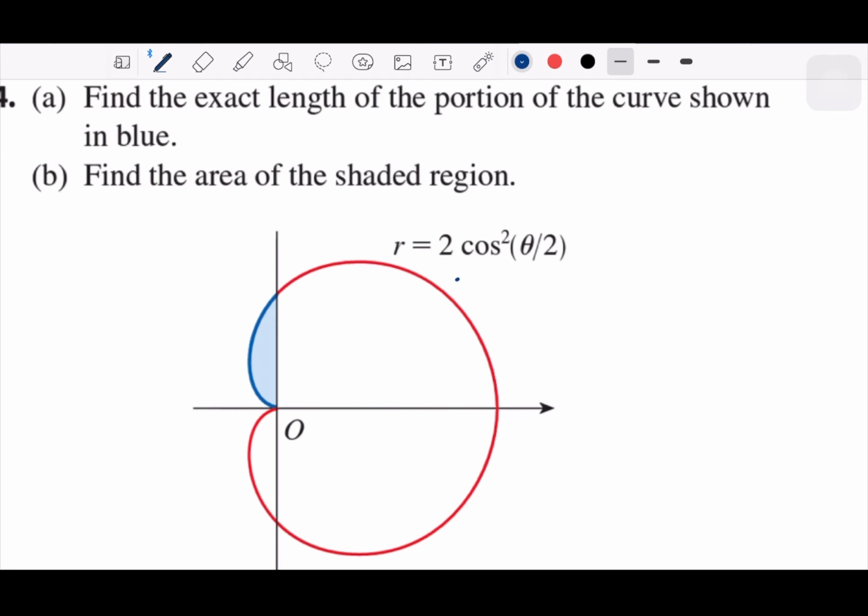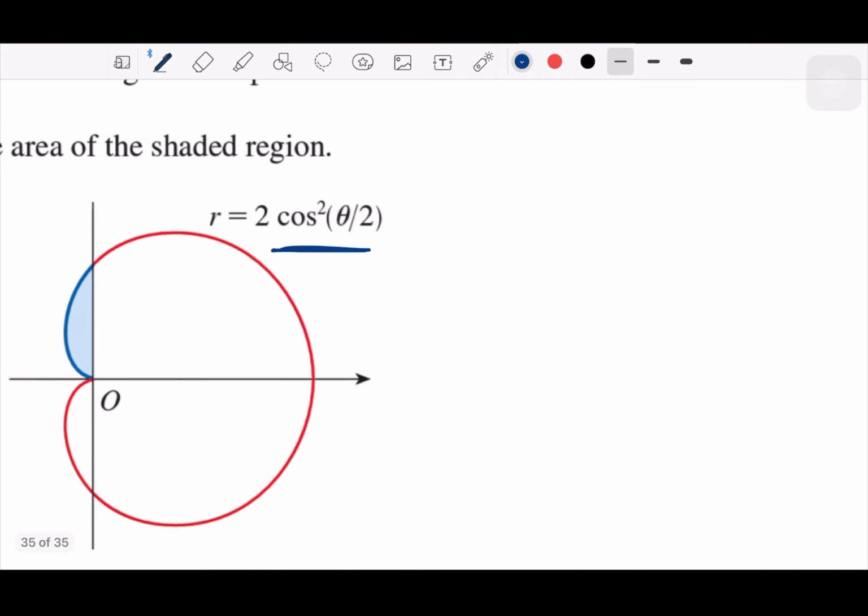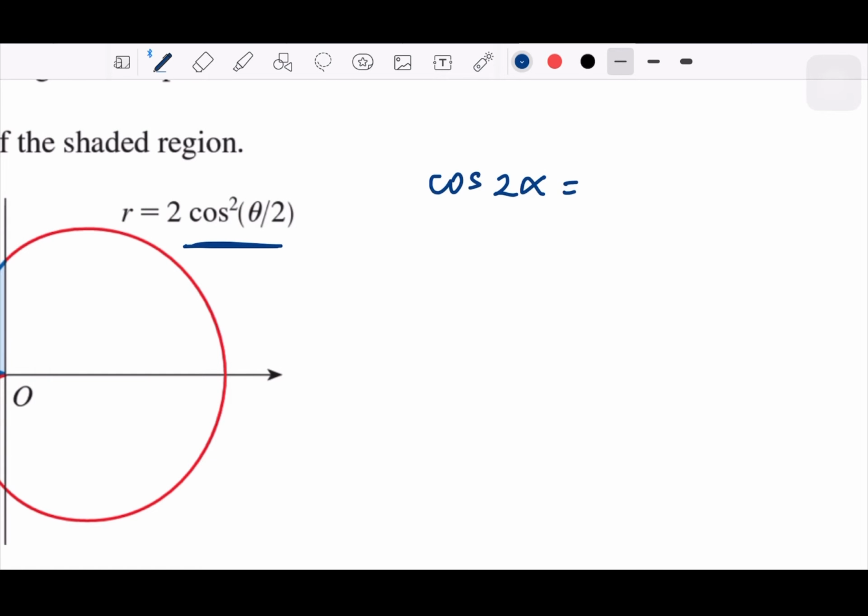If you want to rewrite the curve or the functions, you can use the double angle formula. Let me write it here, maybe with alpha first to make sure it's the general formula.